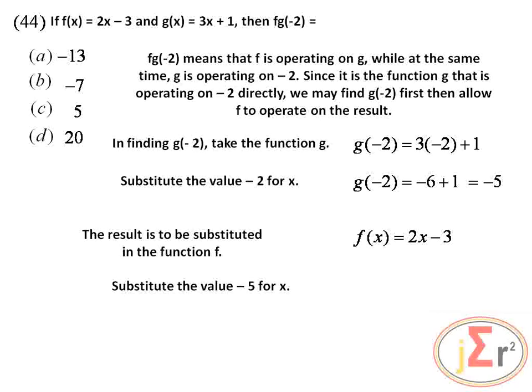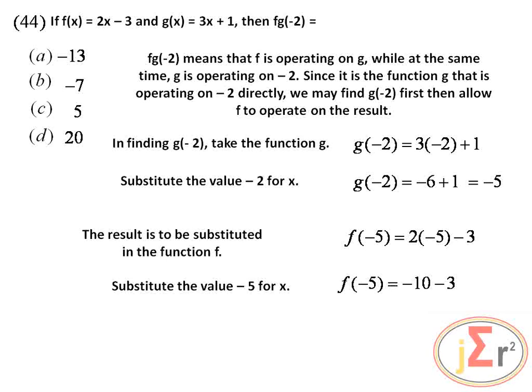We have f of negative 5 is equal to 2 times negative 5 minus 3. 2 times negative 5 is negative 10, and we have the negative 3. Negative 10 minus 3 is negative 13.